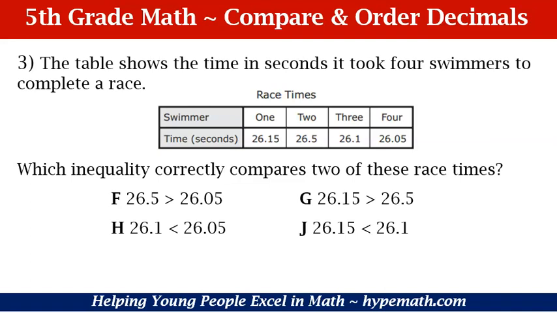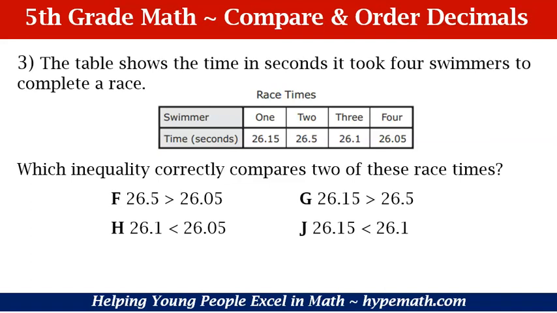Number 3 says, the table shows the time in seconds it took 4 swimmers to complete a race. Which inequality correctly compares 2 of these race times? We can see that swimmer 1 is 26.15, swimmer 2 is 26.5, swimmer 3 is 26.1, swimmer 4 is 26.05.